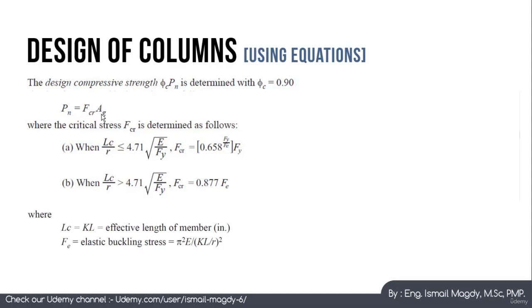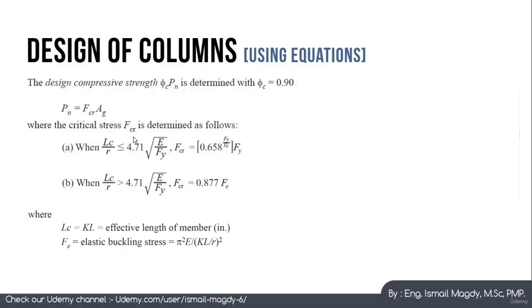Ag is the gross area of the steel section, and Fcr is the F critical, which is the strength you are going to use to prevent any buckling of this steel column.